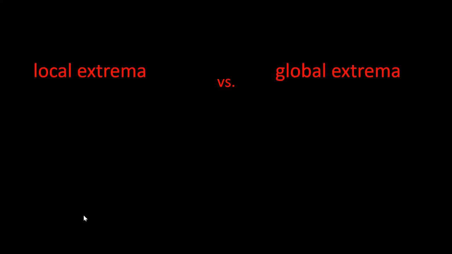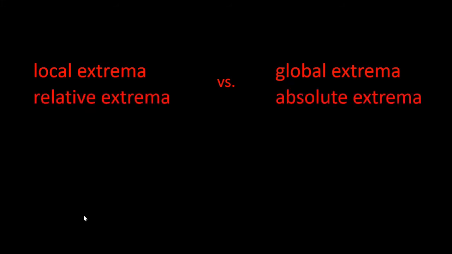So this brings us to some more terminology. We want to make a distinction between local extrema and global extrema, or what we sometimes call, depending on the textbook you have, relative versus absolute extrema. So the absolute extreme is the overall extreme. Absolute maximum or minimum is for the entire graph.